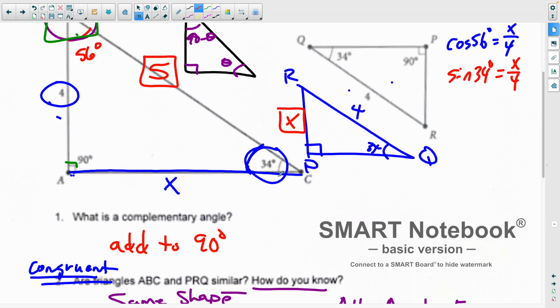The hypotenuse compared to that side, so 4 over x, that ratio should equal the same thing as the hypotenuse over that same side there. Because they're similar, they ought to have the same proportions, and so I could set that up. Everybody okay with that? So I could go solve that. I could tell you what that x is using that there.